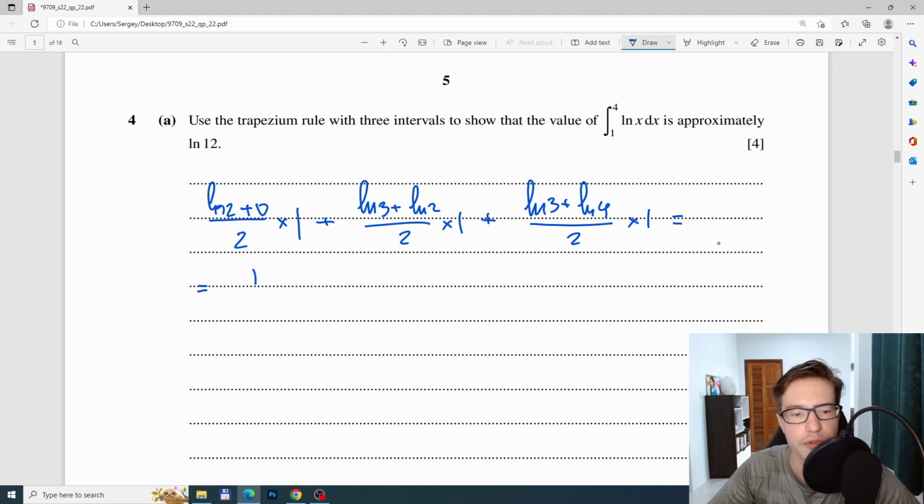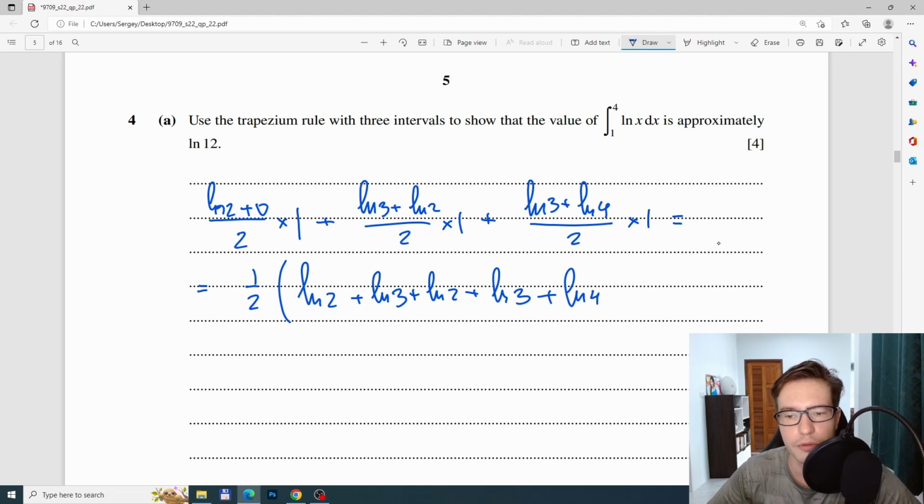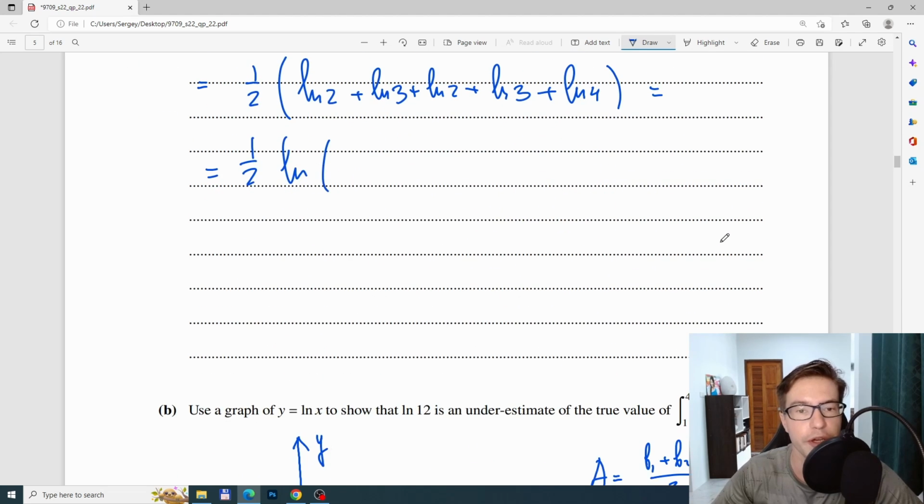and we can bring 1 over 2 out. We'll get log 2 plus log 3 plus log 2 plus again log 3 plus log 4. Then when we have the sum of logs, that means we actually can combine them into 1 by multiplying.